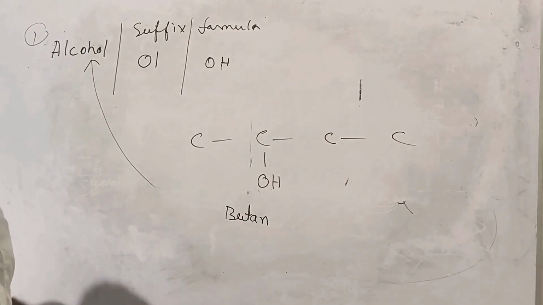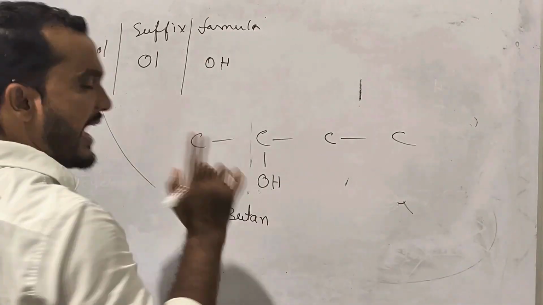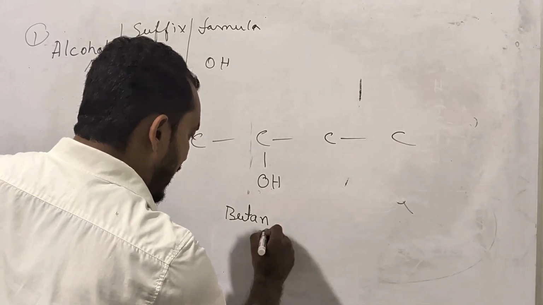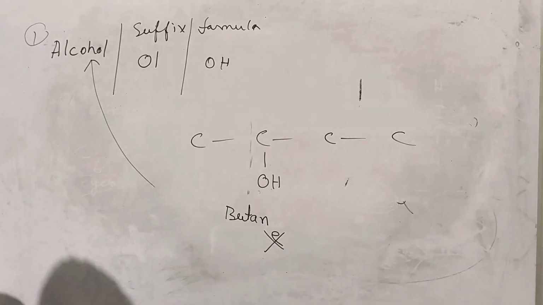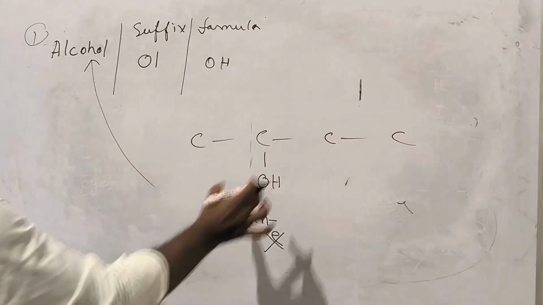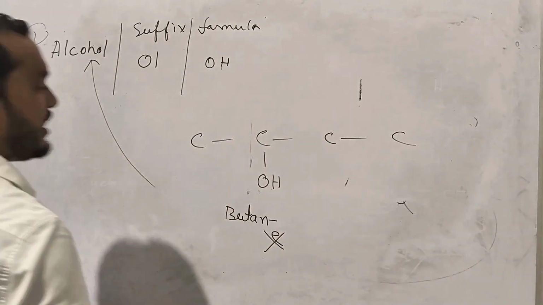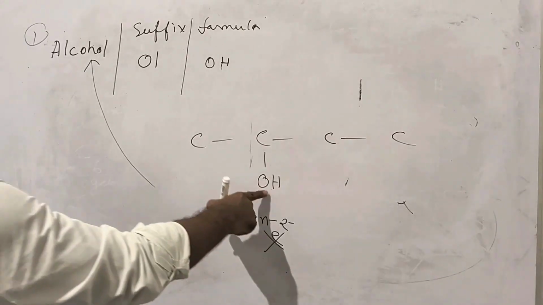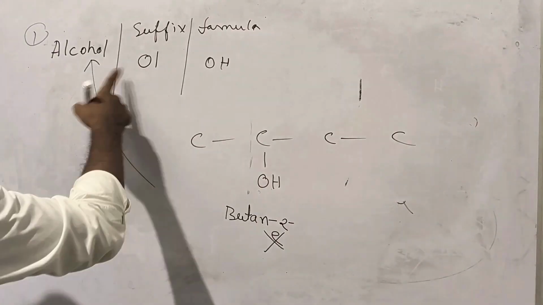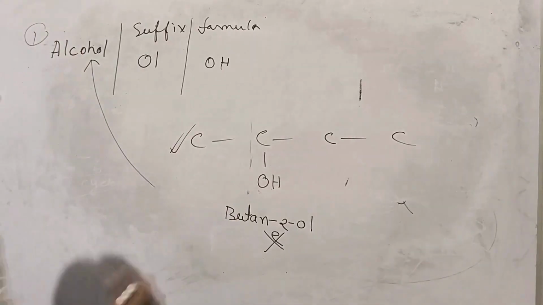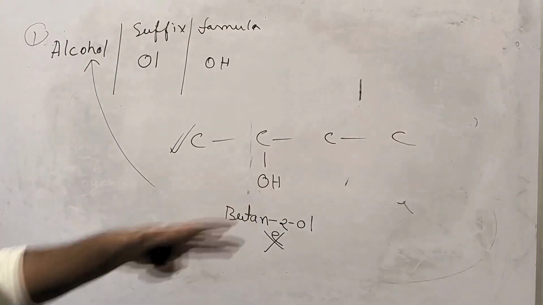The spelling of butane is butane, but here I cannot write the e, the e should be dropped, and you have to mention the position. This alcohol is in the second position, this is 2. The suffix of alcohol is ol. So the chemical name of this structure is butan-2-ol.